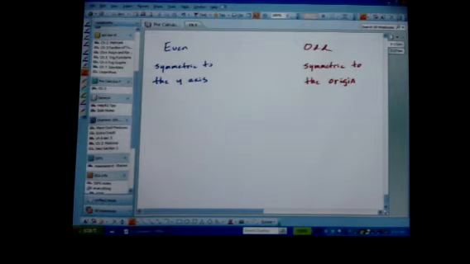So on the test, when we finally take the test on this chapter, that will be a question I will ask you. When you're doing the symmetry part of the test, I will include the question, is this function even, odd, or neither? You'll have the 3 choices, and you'll just circle the one.